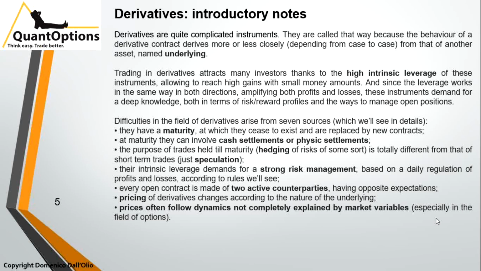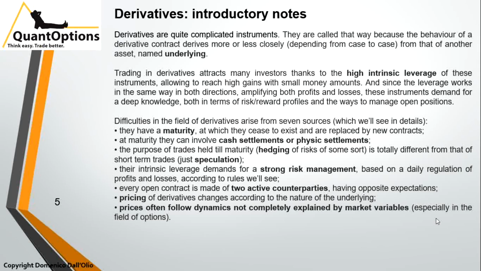Every open contract in the market is made of 2 active counterparties having opposite expectations. This is one of the main differences between derivatives and other assets. A very important difference, which we will speak a lot about. Pricing of derivatives changes according to the nature of the underlying.